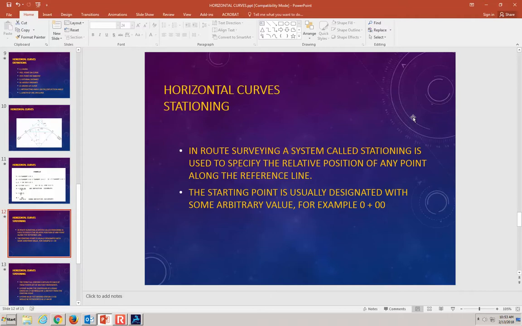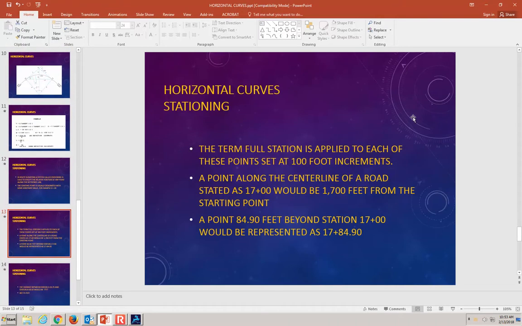And stations are typically 100 feet apart. So if I was trying to figure out the distance between 0 plus 0, 0 and 1 plus 0, 0, it'd be 100 feet. Or what's the distance between 1 plus 0, 0 and 5 plus 0, 0? It would be 400 feet. So it's pretty simple to work within those means.